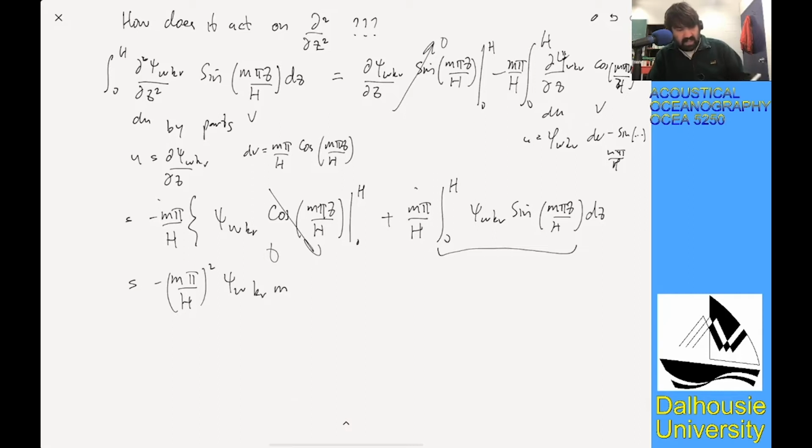Okay, so it works again, right? So the second order derivative brings out the square minus the square of the transformed variable. A little bit modified here, but it's great. It really simplifies things.